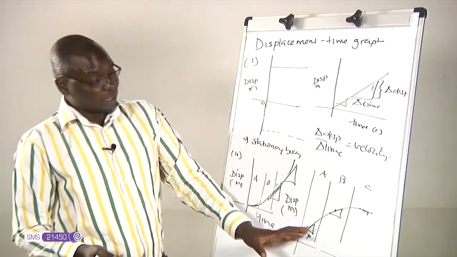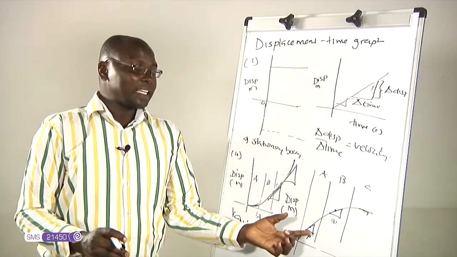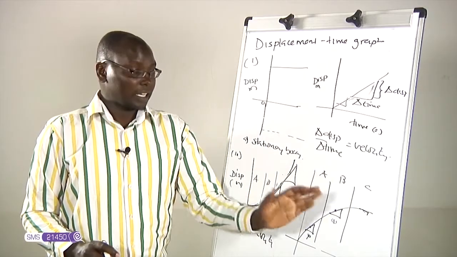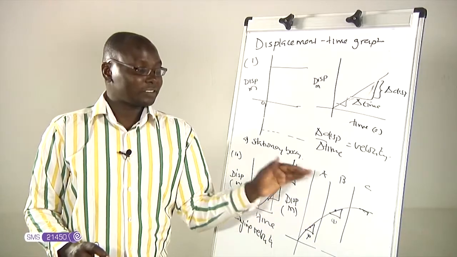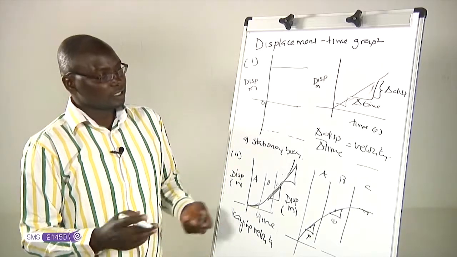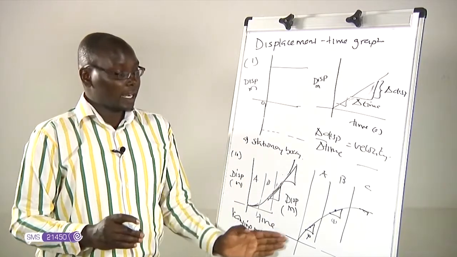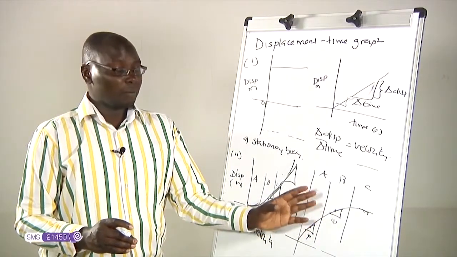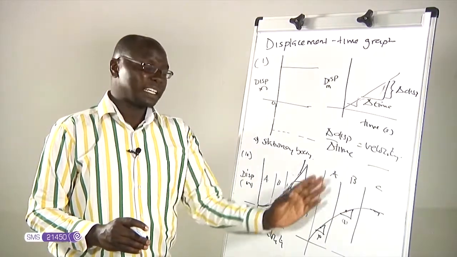But what I'm saying is that at points P and Q, the gradient at P is higher than at Q. That means the velocity here is decreasing. And here it is almost flat. Because the gradient of a horizontal line is zero, that means the velocity is almost dying. So this is a curve. This is the displacement graph of a body that is moving with a varying velocity, but it's actually decreasing with time.